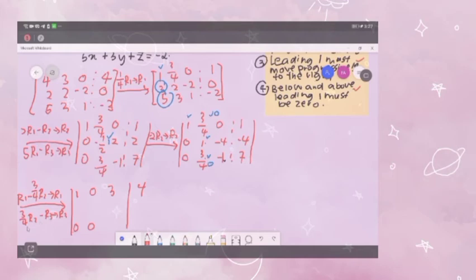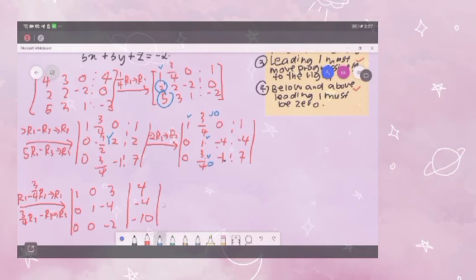Okay, next 3/4 times -4 here is equal to -3, and -3 minus -1 is equal to -2 here, and -3 here minus 7 is equal to -10. So we write it back for row number 2, 0, 1, -4, -4.